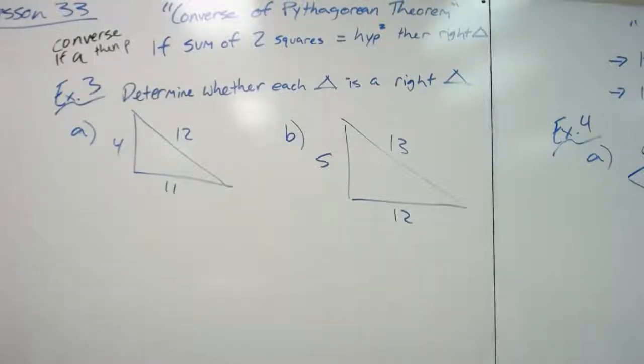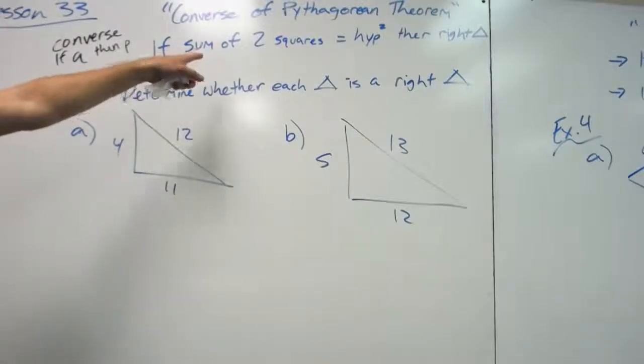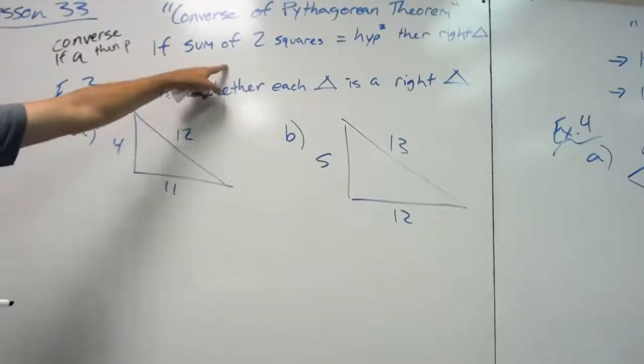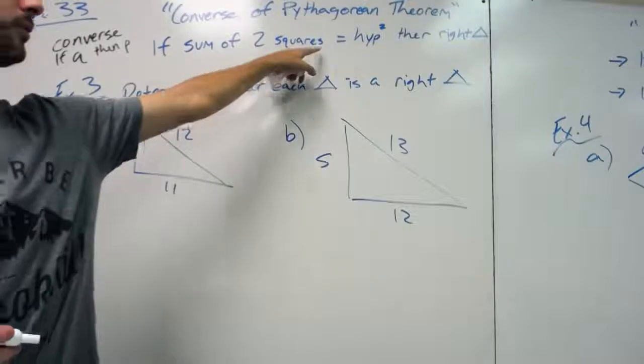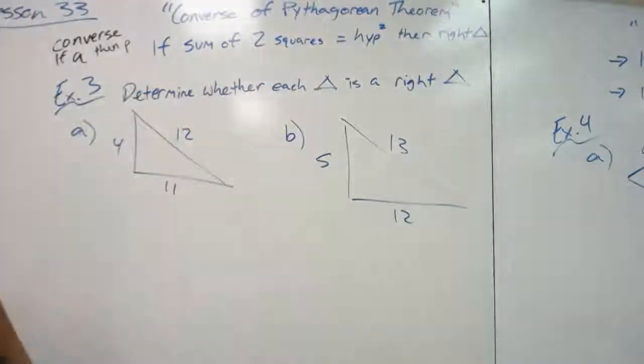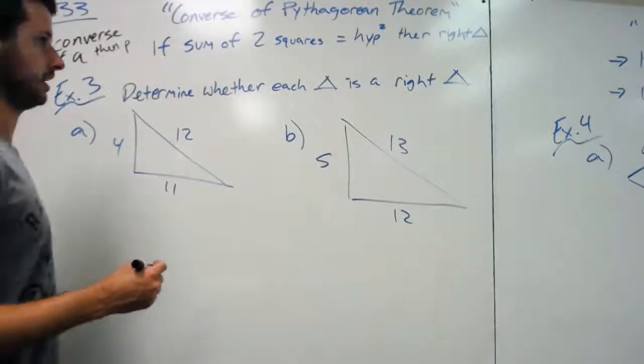Well, the conditional statement, if we're talking about Pythag, is just if you have a right triangle, then a squared plus b squared equals c squared. This is backwards. This says if the sum of two squares equals the hypotenuse squared, then it's a right triangle.